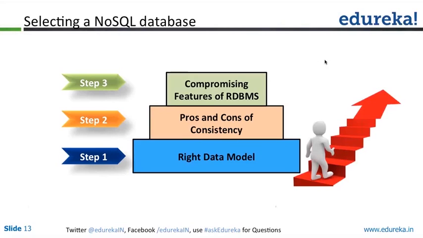For those kinds of applications, I will choose something where consistency is provided out of the box, so it gives it more efficiently than the other ones. That is what you look at when it comes to pros and cons of consistency. If your application's consistency is the most important requirement, then I would never choose the ones which fall into the AP quadrant, which is the availability and partition tolerance quadrant.